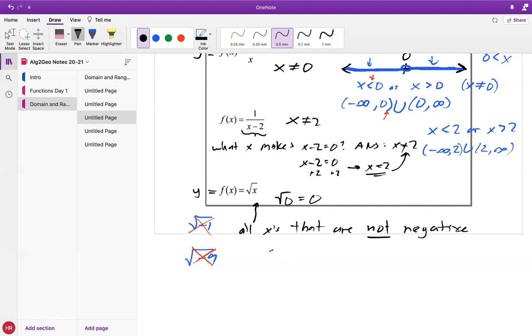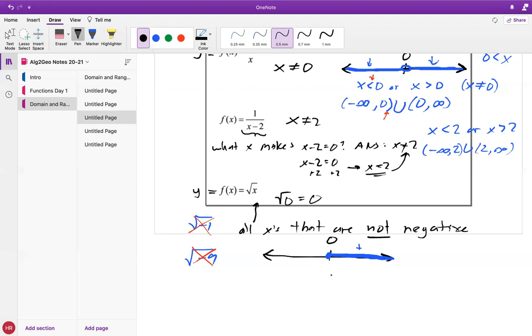That means if I think about the number line idea again, that's 0. I want all of these numbers up here. But this time, unlike before, I actually want 0. I want a filled in dot there. So I want all the positive x's and I want 0.